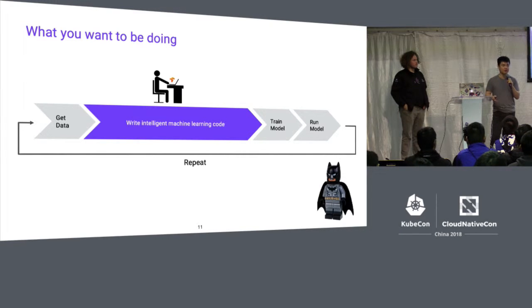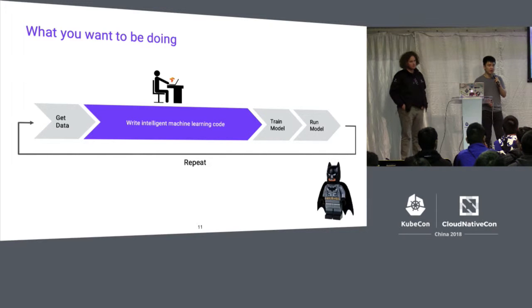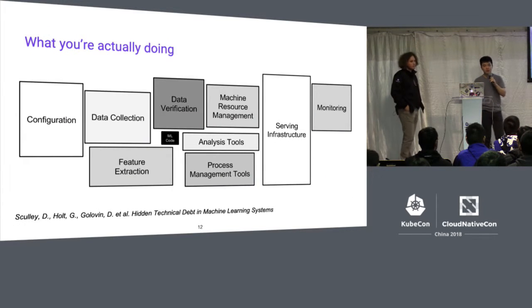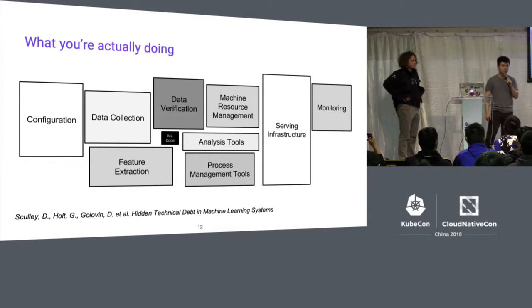Finally, they have a precise enough model for their data training. So this is ideal, but not realistic at this moment because we've got a lot of challenges with cluster management. This is the hidden technical challenge of machine learning systems.